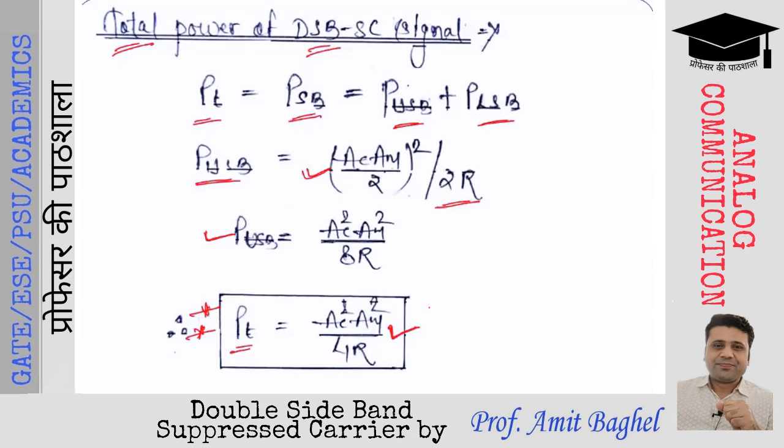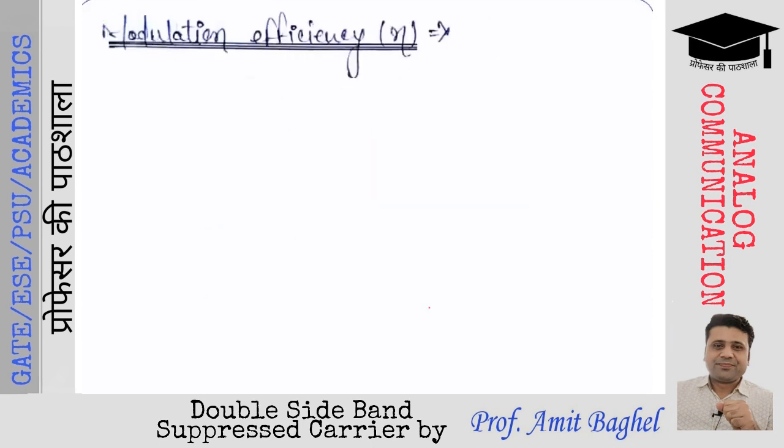So in this case there is no carrier component involved. कोई carrier component नहीं है, therefore there is no carrier power in this DSBSC signal. The modulation efficiency is defined as sideband power divided by total power, and we have seen this expression earlier as well. Sideband power को divide करते हैं total power से, you will get the efficiency. Modulation efficiency in this case: the total power is nothing but equal to sideband power.